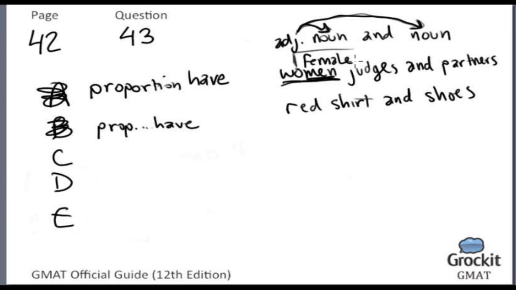And so really it should be modifying those two. The GMAT would prefer that we say red shirt and red shoes. So in this particular case, we can eliminate choice B as well as choice D, for the placement of women before judges, without it clearly also referring to partners.